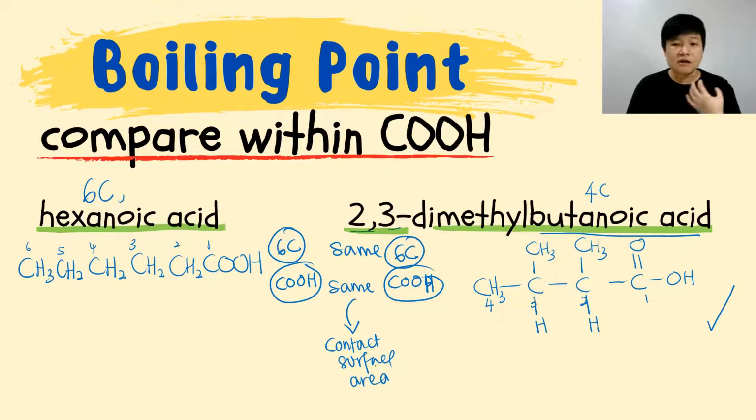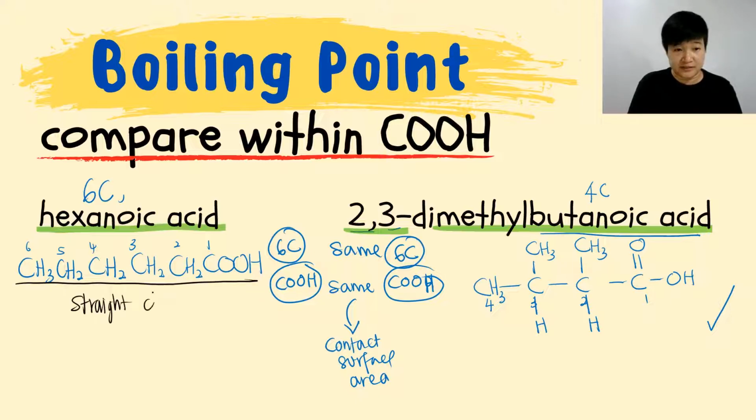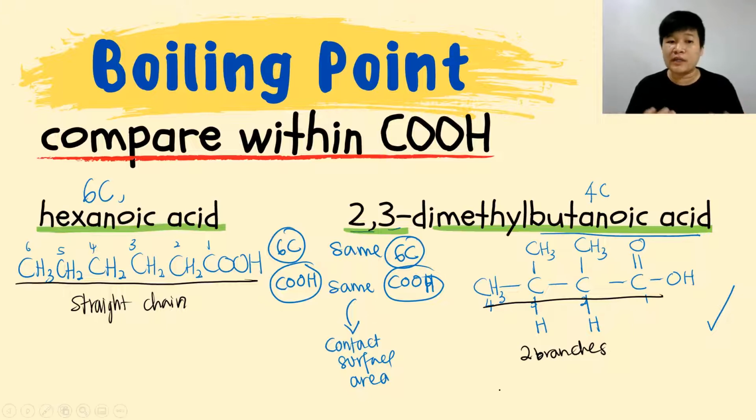So over here, contact surface area, who is larger? Your hexanoic acid over here is a straight chain with no branches. And compared to your 2,3-dimethylbutanoic acid, is a straight chain 4-carbon with 2 branches. So having a straight chain and having branches, which one is more compact and which one is having more contact surface area?